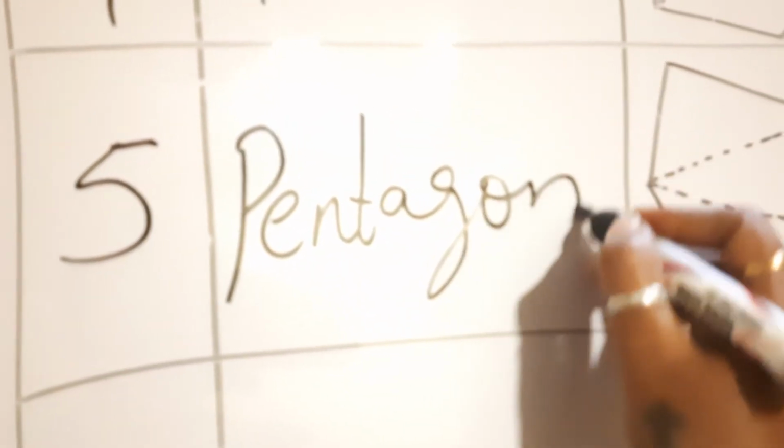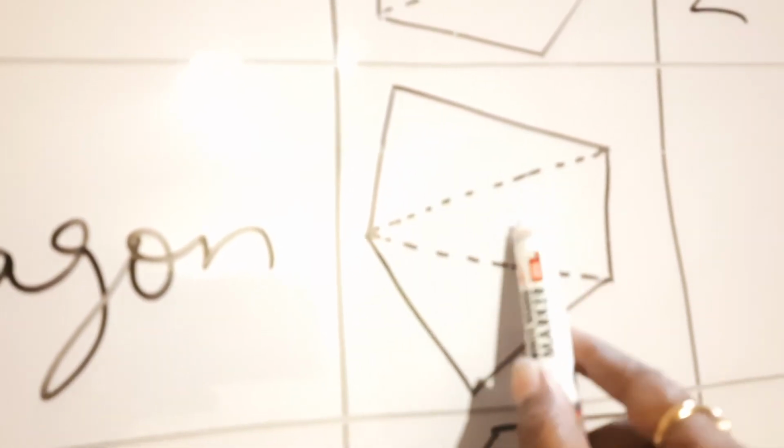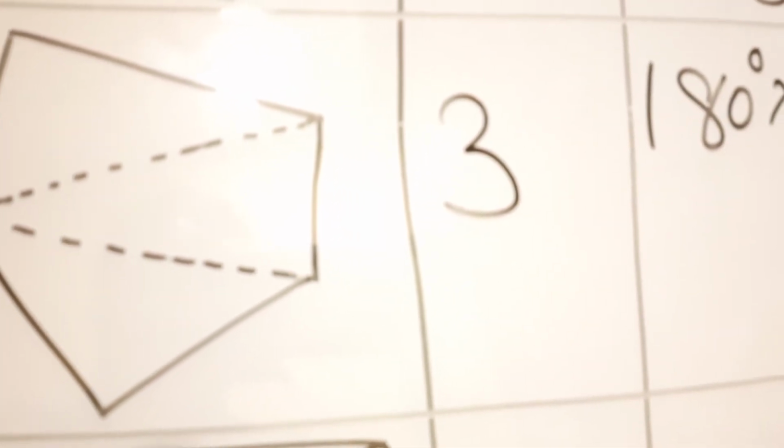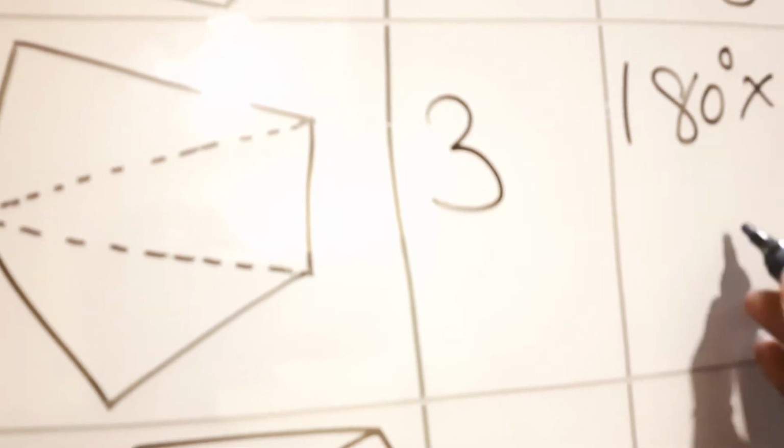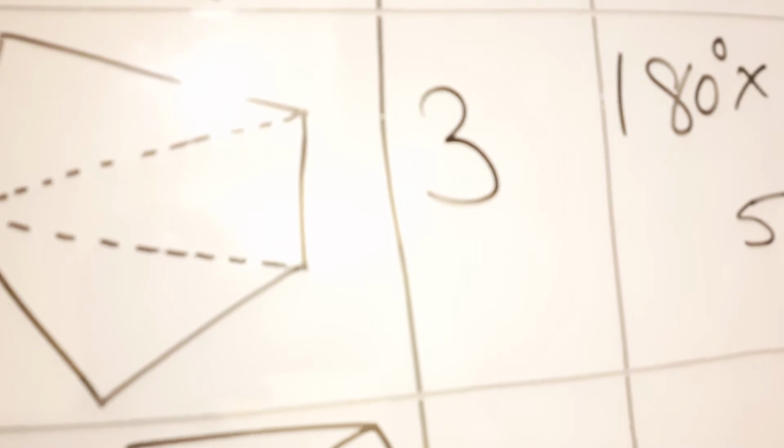A 5-sided figure is called a pentagon. How many triangles? 1, 2, 3. So 3 triangles. That means 180 degrees into 3. 3 zeros are 0, 3 eights are 24, 2 carry, 3 ones are 3, 4, 5. That is 540 degrees.